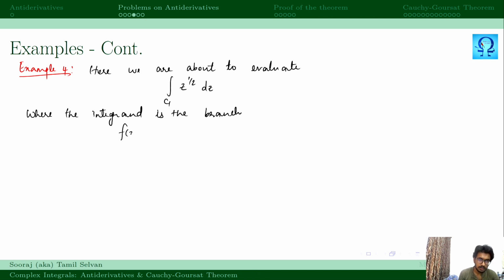So what we are going to consider is f of z, which is z to the power half. Either this may be considered in this way: exponential of log of z to the power 1 upon 2. So this may be written as exponential of half times of log z. After writing like this, we can give the notations, like we shall write this in the principal format or in any general format.